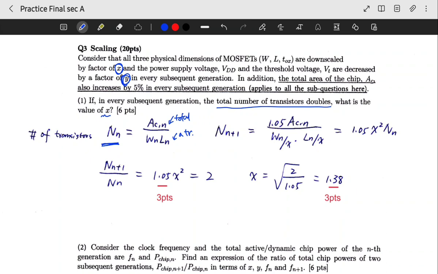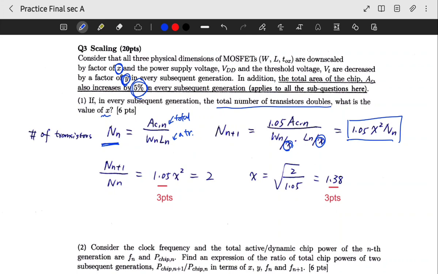But then for the next generation, N n plus 1 is equal to, since it increased by 5% in every subsequent generation, we multiply A times 1.05, and also because the W and the L are scaled by X, we divide by X, and you will get 1.05 X squared times N n.